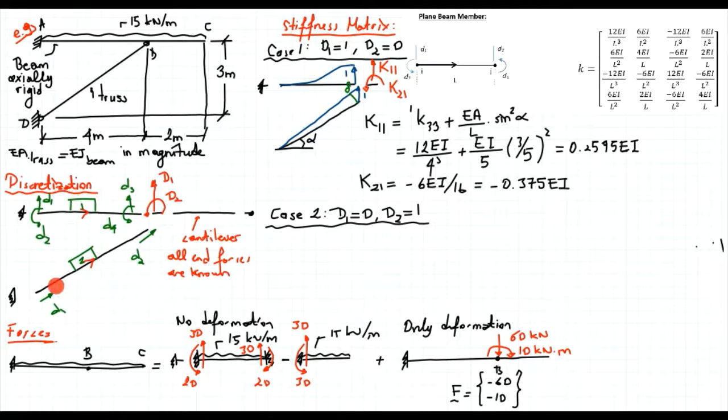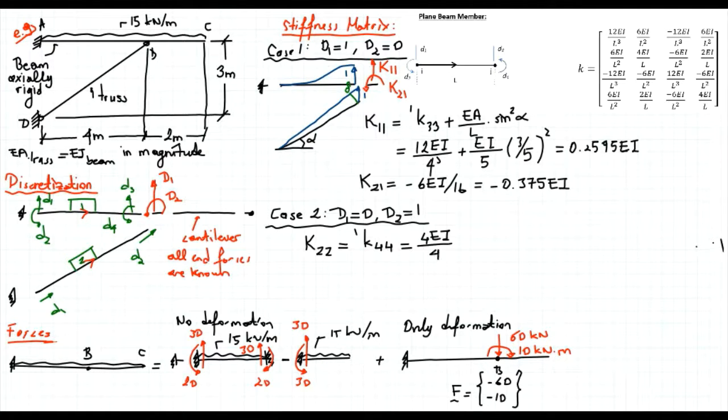I don't see any resistance coming from the second member, and of course no stiffness coming from the cantilever. Since I don't have to worry about the truss, I don't have to draw the free body diagram, so I can directly say that K22 is equal to K44 of the first member, which is 4 EI over 4.